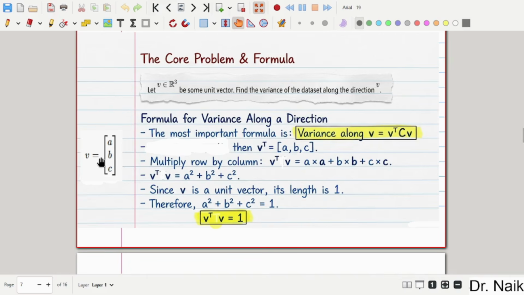Now consider v as a column vector (a, b, c), then its transpose becomes the row vector (a, b, c). So v transpose v is a times a plus b times b plus c times c. So v transpose v is a squared plus b squared plus c squared. Since v is a unit vector as given in our question, its length is 1 because a squared plus b squared plus c squared is 1.